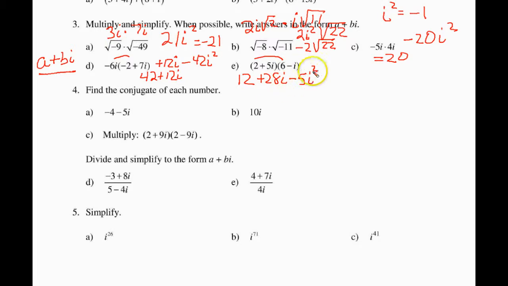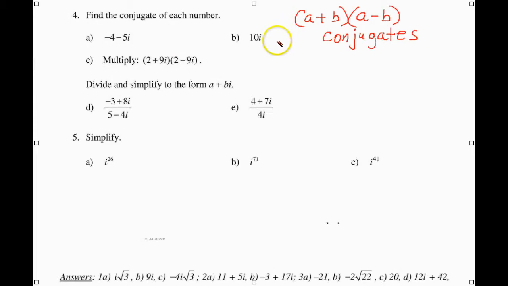Now, what did we say i squared was? A negative 1. So this is going to become a positive 5, and I'll take away my i squared. Now, what do I have? I have a 12 and a 5, which gives me a 17 plus 28i. And that is my answer to this one. Okay?